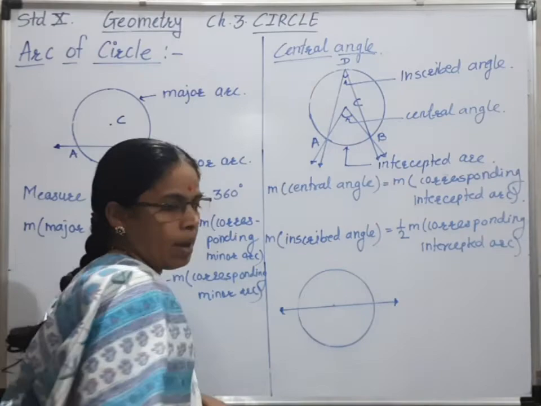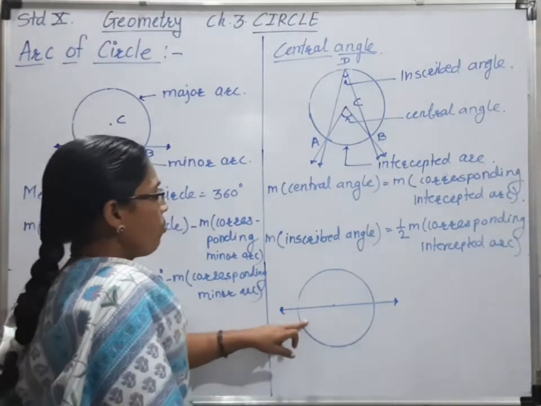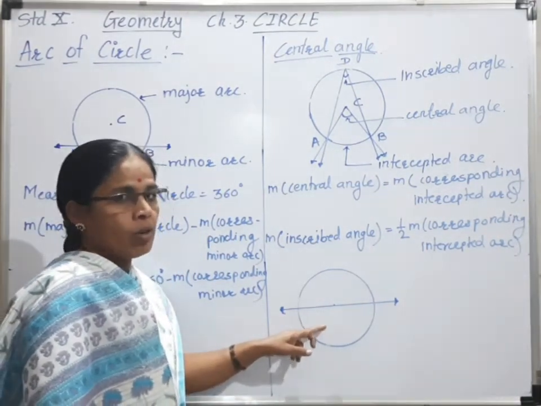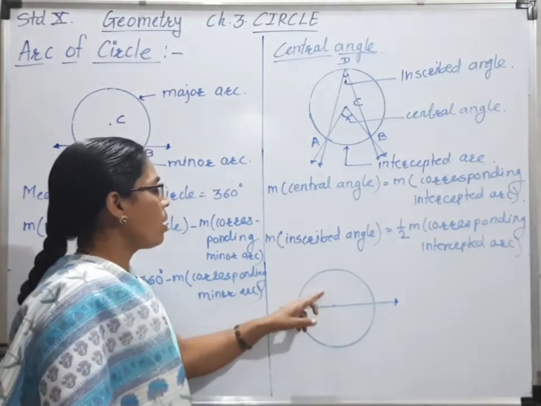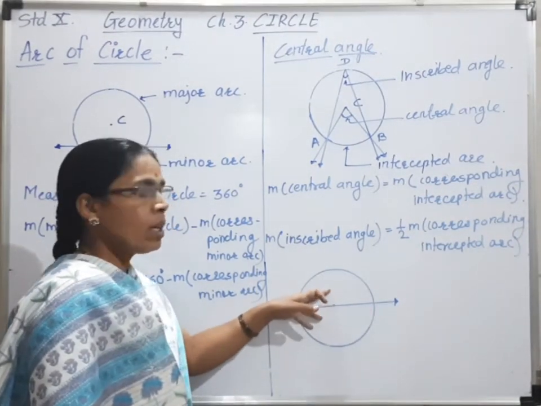This is the longest chord, which is called the diameter, and because of the diameter this circle is divided into two equal parts.